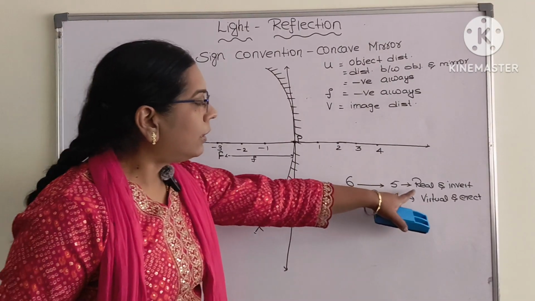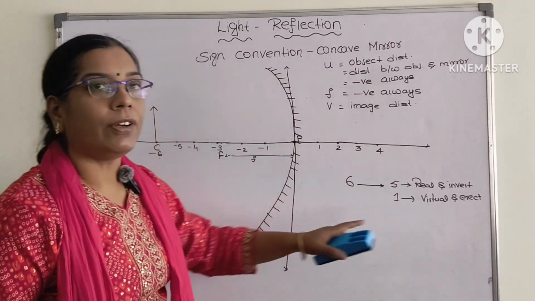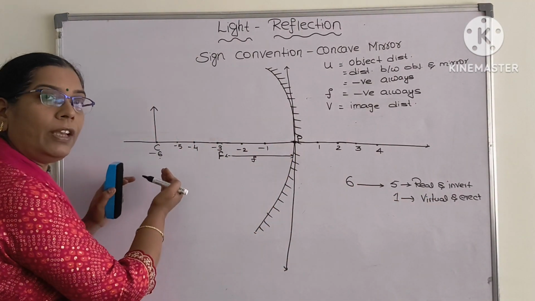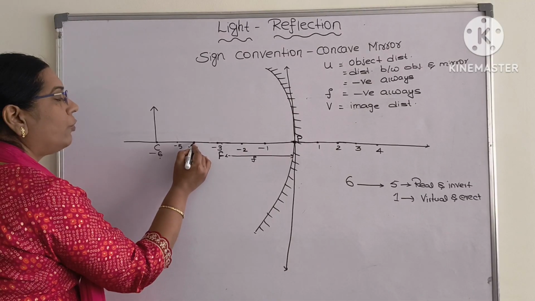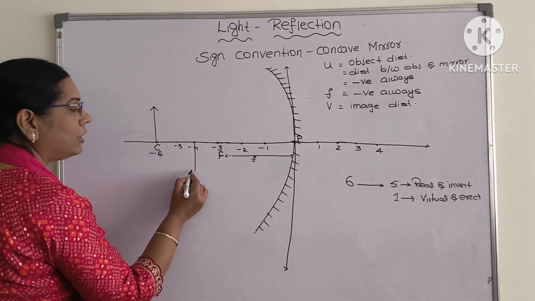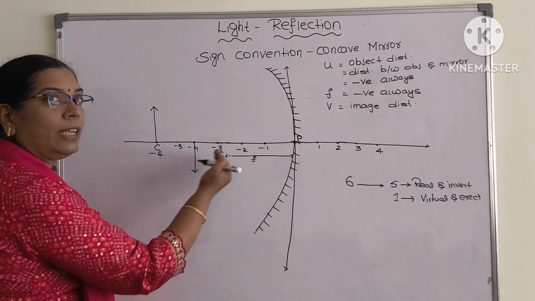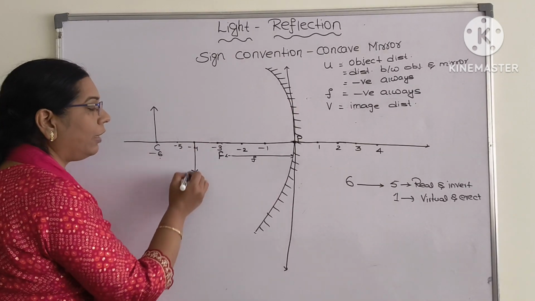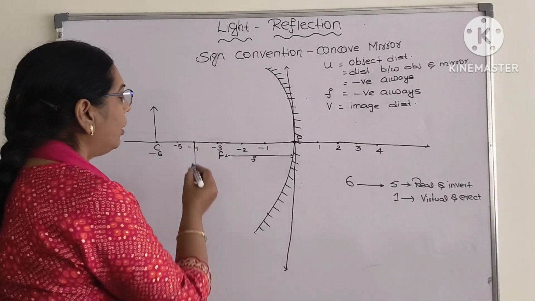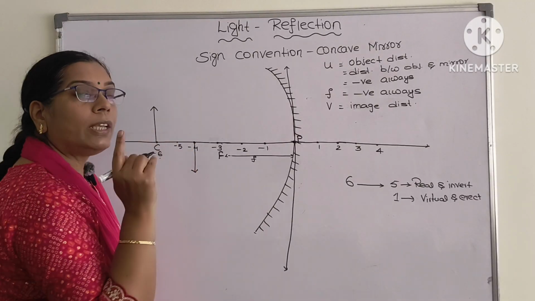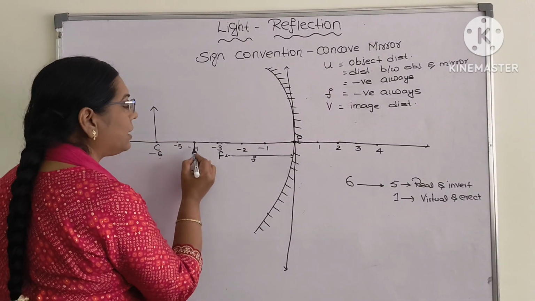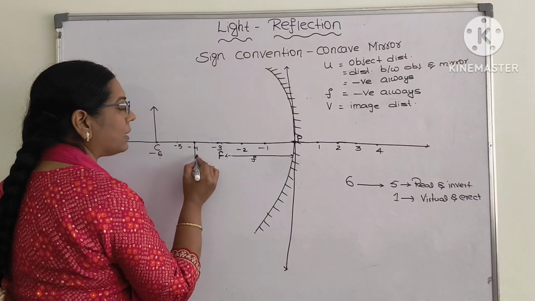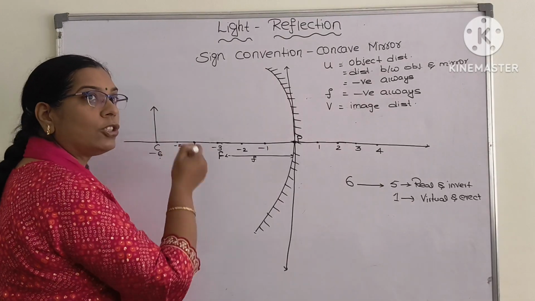Whenever the image is real and inverted, the image will form in front of the mirror. Imagine the image forming like this, inverted, in front of the mirror. Now, what is image distance? The distance from the image to the mirror.